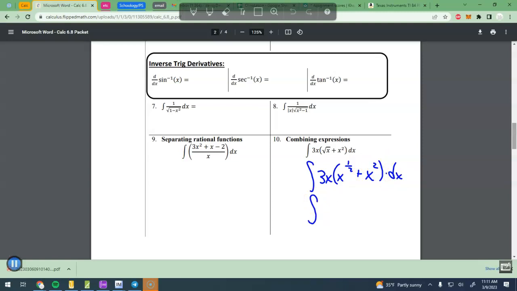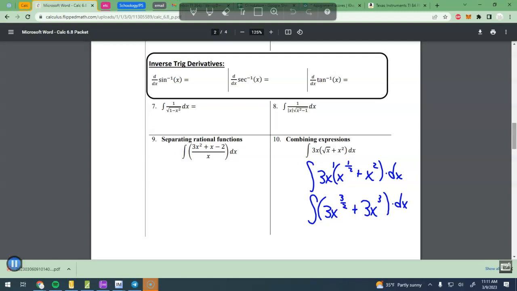And then multiply, and remember when you're multiplying, you're adding powers. There's really a 1 there. So it's 3x to the 3/2 plus 3x to the 3rd times dx. And now it's in a form you can take the integral, because you just have one term plus another term. You just use the regular power rule.